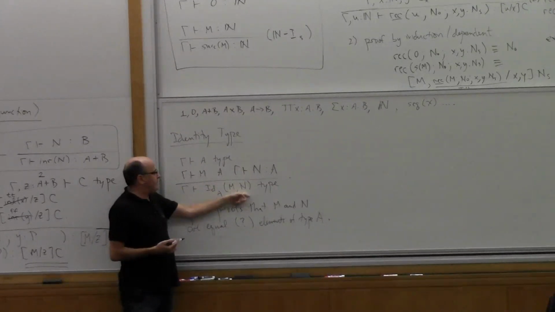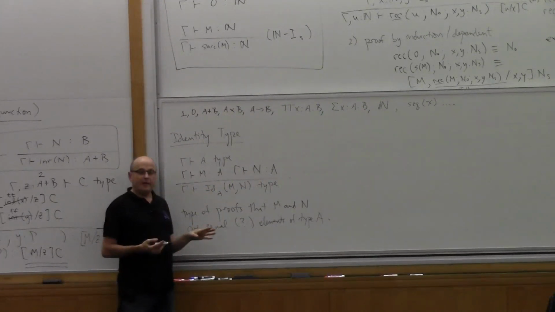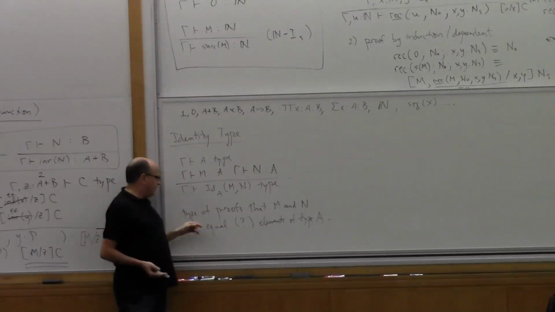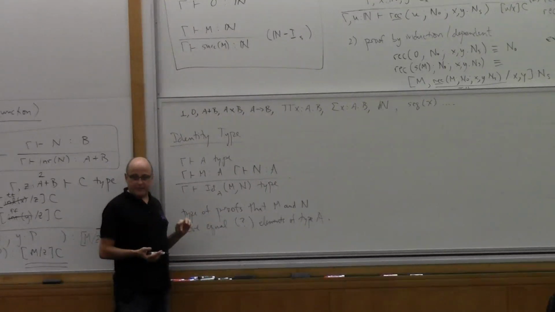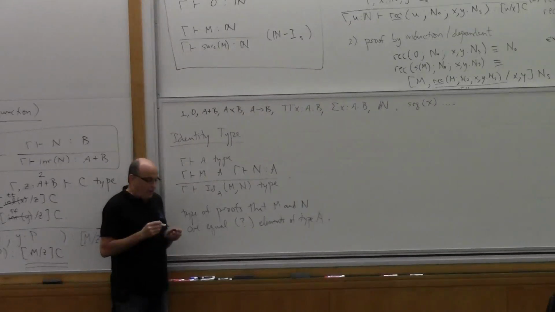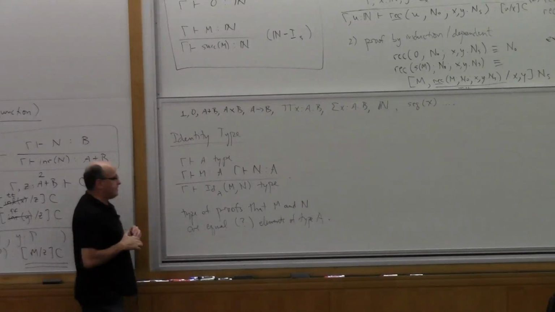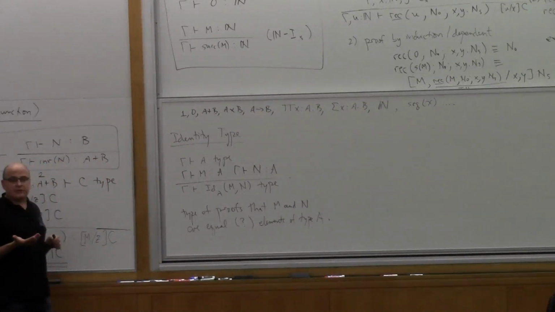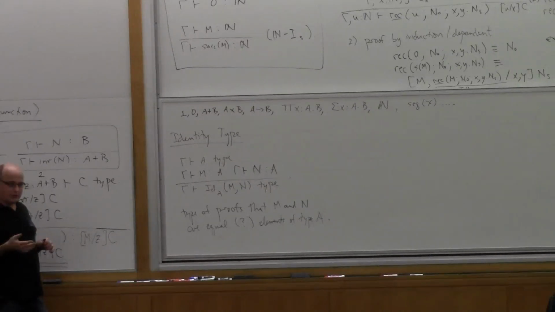Given m and n of type A, it yields a proposition, the proposition that expresses that m and n are equal as elements of type A. You see, the idea of type theory is that propositions have interesting structure, as opposed to the classical logic point of view, which is that there are only two propositions in the world, true and false. Okay, and then you just completely degenerate all of the structure.